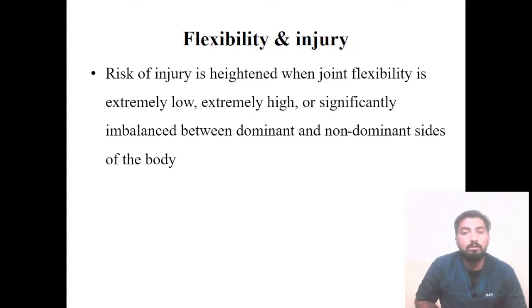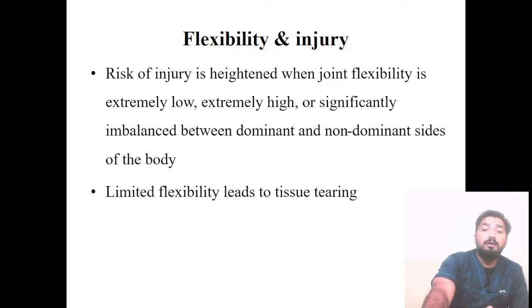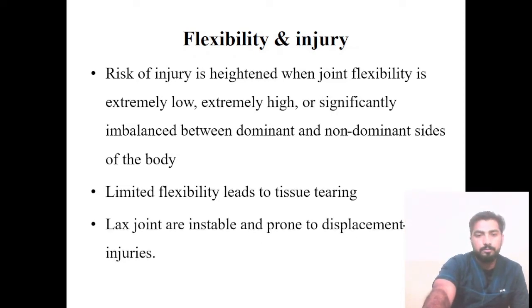The only good thing is the moderate or middle range of flexibility, because increased flexibility will cause instability of the structure. If there is low flexibility, that means the structures are tight and there is a chance of tearing of those structures.